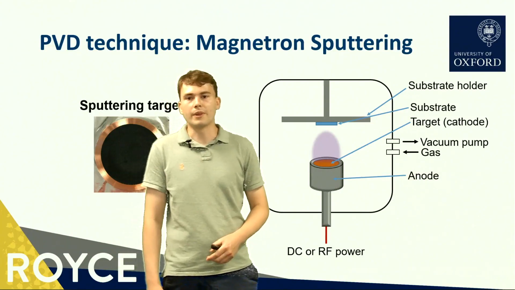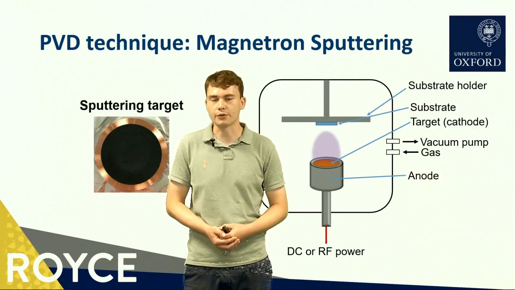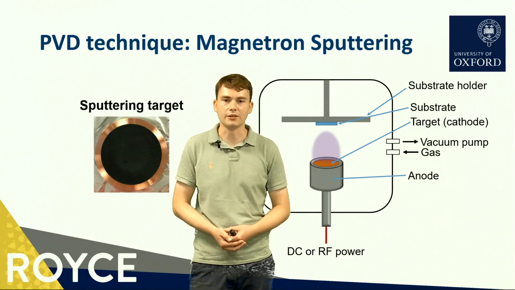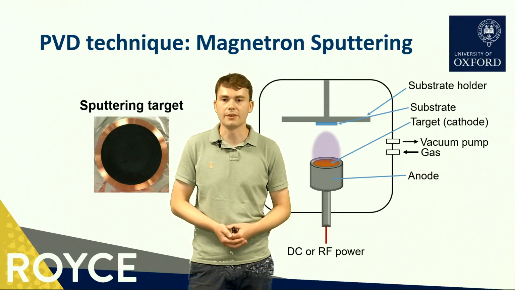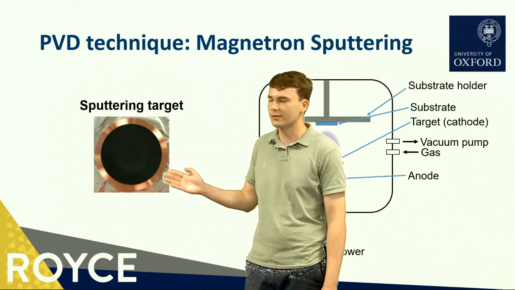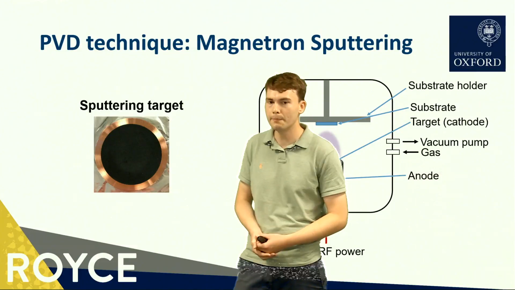So one of the other key PVD techniques is magnetron sputtering, and there are many similarities between magnetron sputtering and evaporation, but there are also some differences. You start with the material that you want to deposit as a target in either powder or a sintered pellet form.